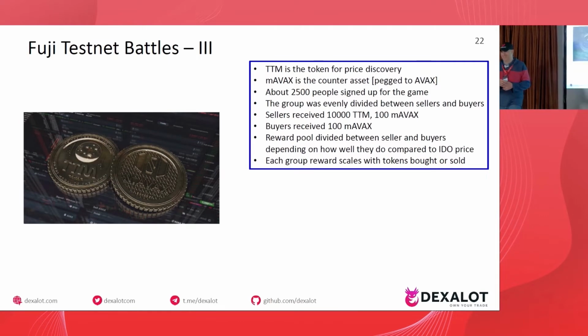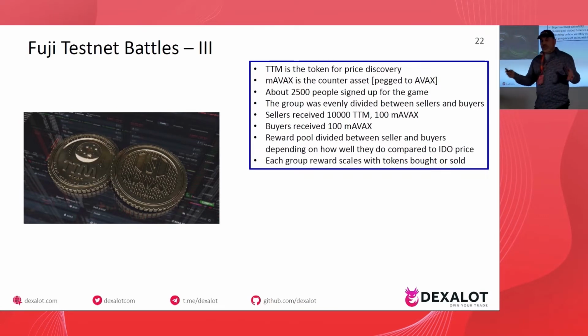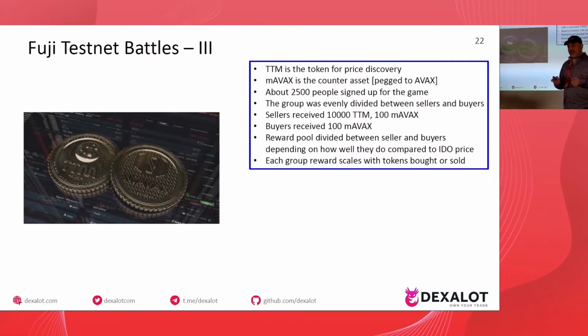So, the third battle. You've probably all heard of a zero-sum game. That's what Nihat was also trying to say, zero-sum game. So to make this a true game theory, somebody has to lose to somebody else to win, right? You can't have it otherwise. Otherwise, there's no incentive. They're just going to do what's best within their own group. So in the third game, we said the pool is 10,000, but if the seller ends up, let's say, at twice the ideal price, they get 75% of the pool, and vice versa.